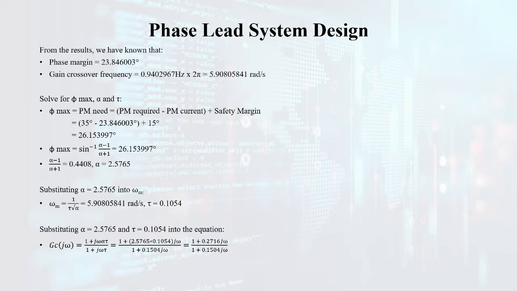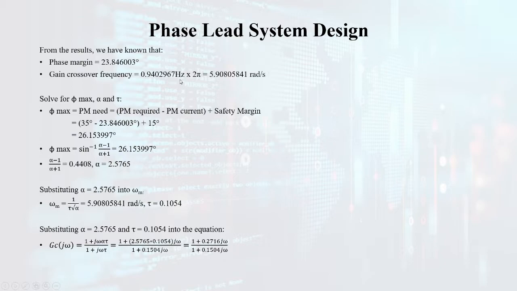Hi everyone, my name is Ewe Jo Min and I will be talking about the phase lead system design. From the results we have gotten earlier, we know that the phase margin is equal to 23.846003 degrees, while the gain crossover frequency is equal to 0.9402967 Hz.